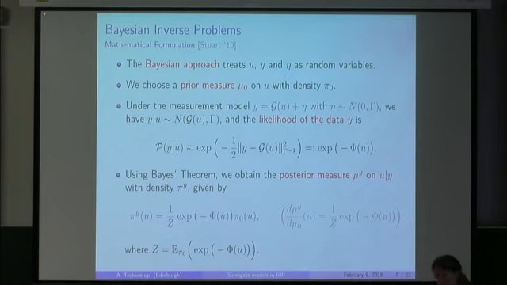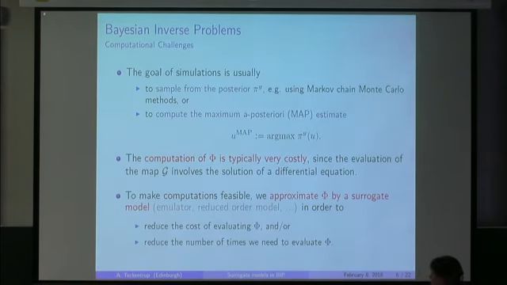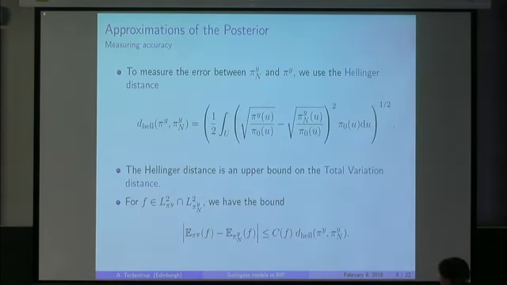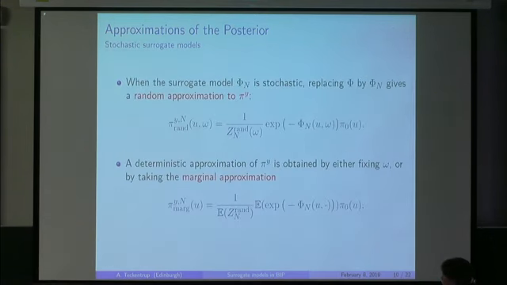Just a question, to clarify for me. When you take the random version of your emulator for the quantity, and then you create the marginal version, when you take that expectation, that is an expectation over the distribution of omega. Yes, over the distribution of phi n. The distribution of omega conditioned on y. We're assuming that the randomness here is independent of y.